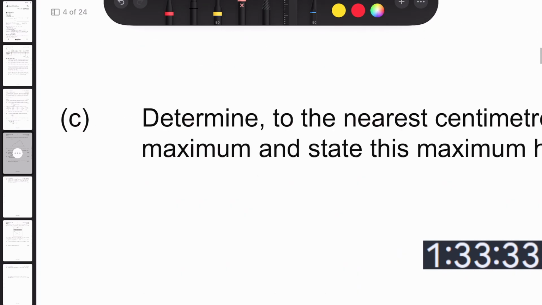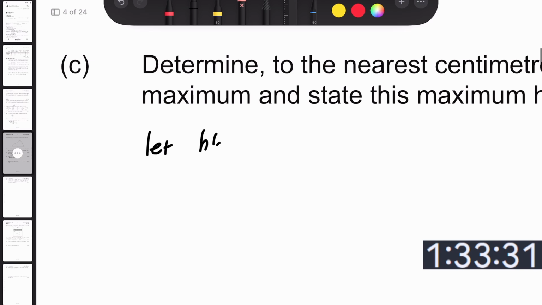So then let h dash of x equals 0, and then I will differentiate that. Sine. Okay, excellent. And then I'm going to solve this for that.